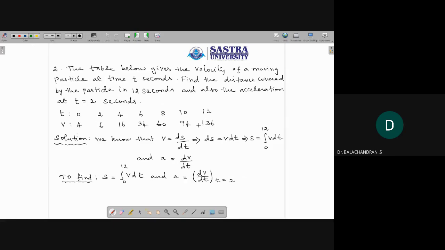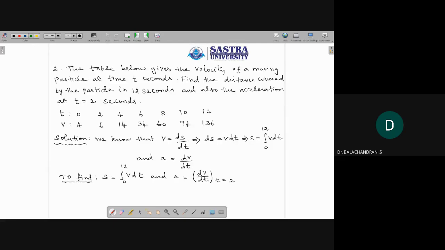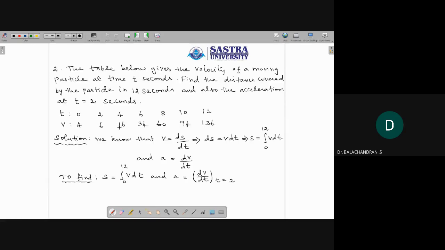That is 4 plus 136, and then plus 2 into y2 plus y4. This is y2, this is y4. So 16 plus 60, plus 4 into y1, y3, y5. So 6, 34, 94.